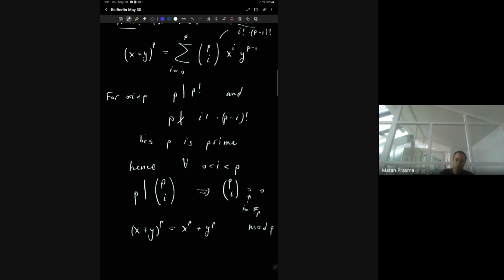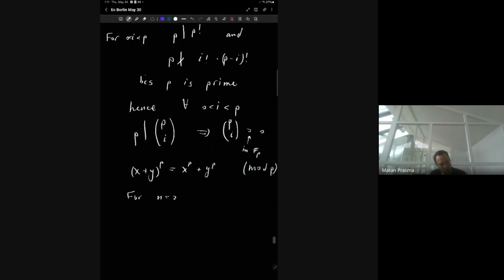Okay, so we proved the claim for n equal 1, and now for n equal 2, (x+y)^(p^2) is by definition ((x+y)^p)^p.